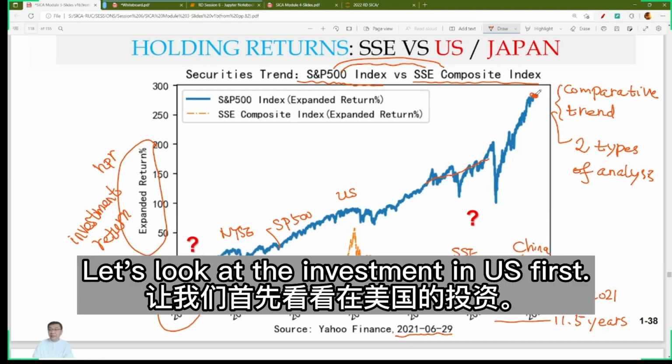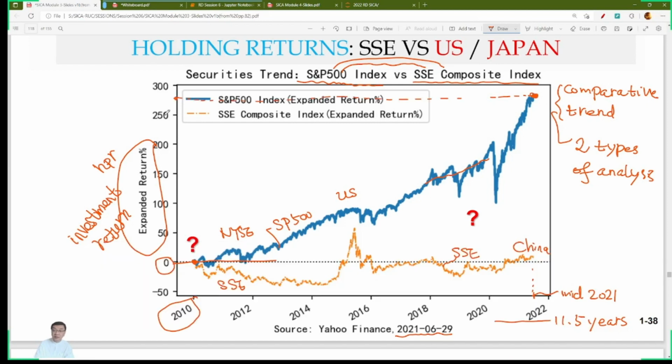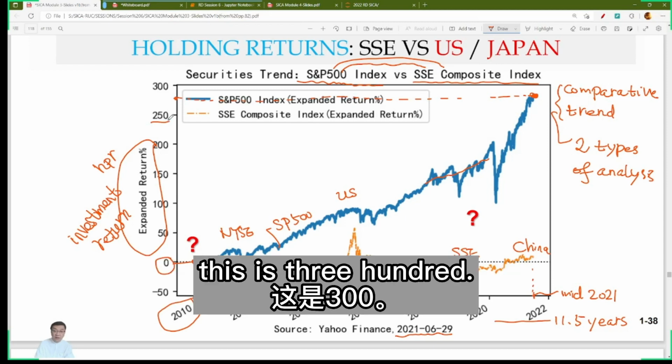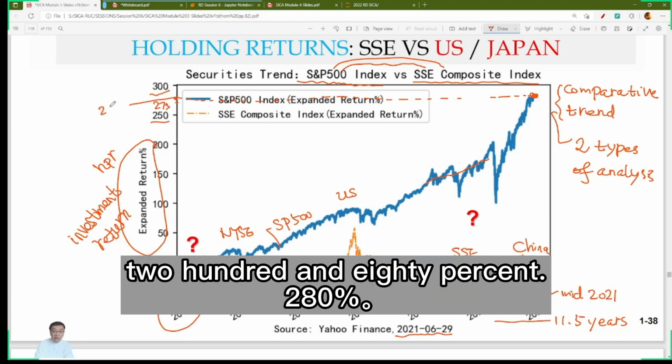Let's look at the investment in the US first. Let's look at its return. Investment return is roughly here. So this is 250. This is 300. Here would be 275. So here roughly is 280%.